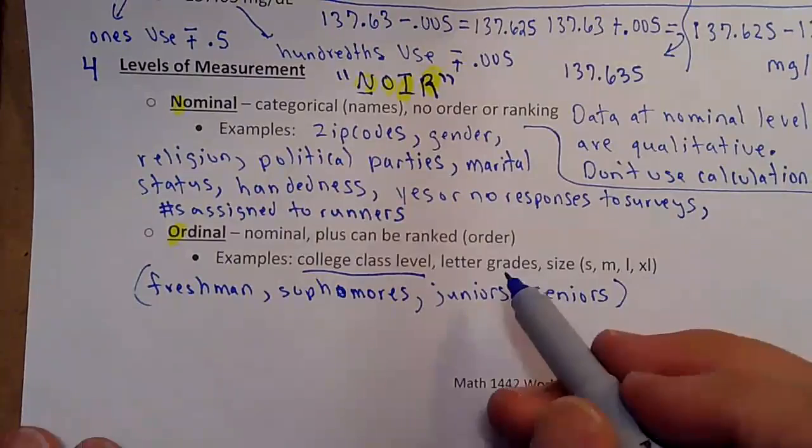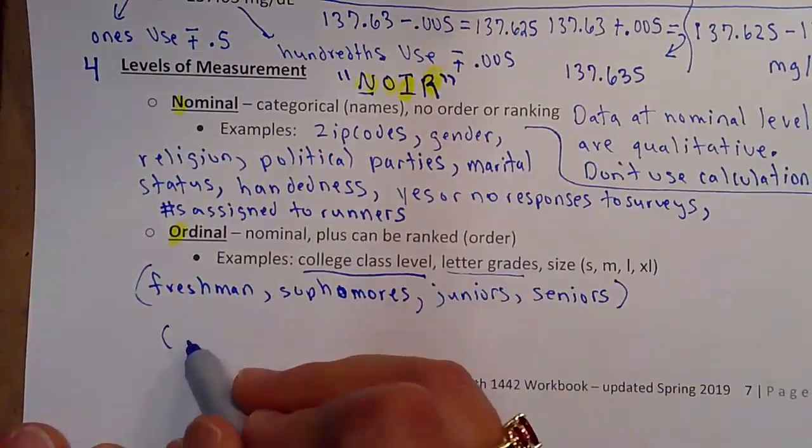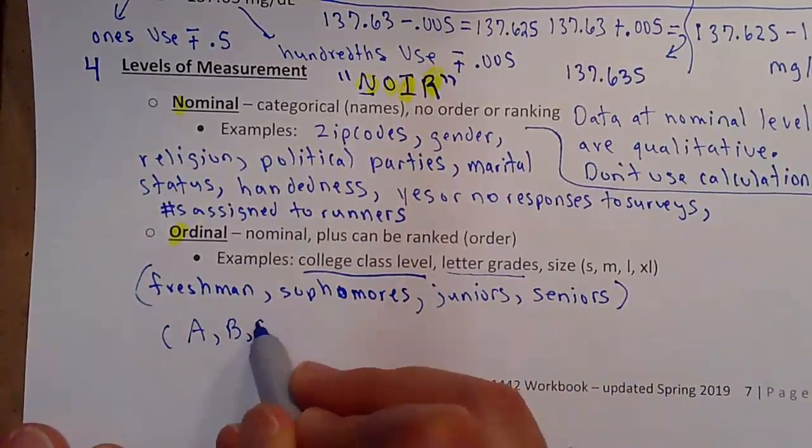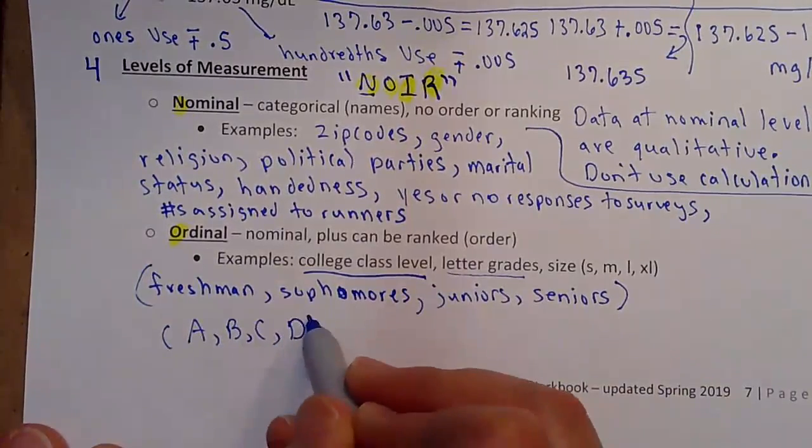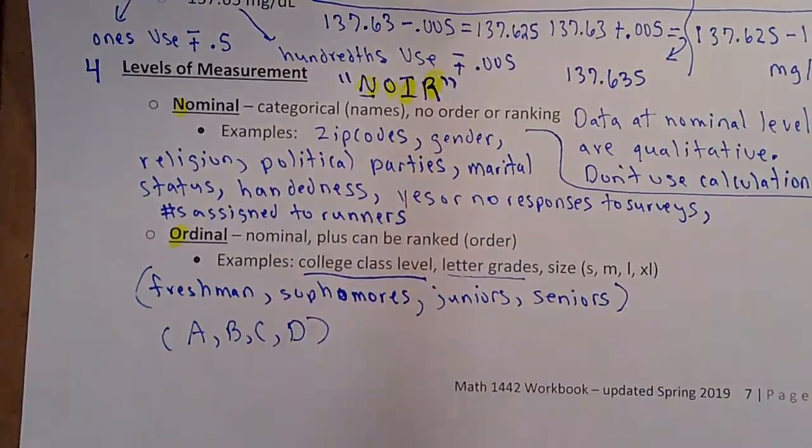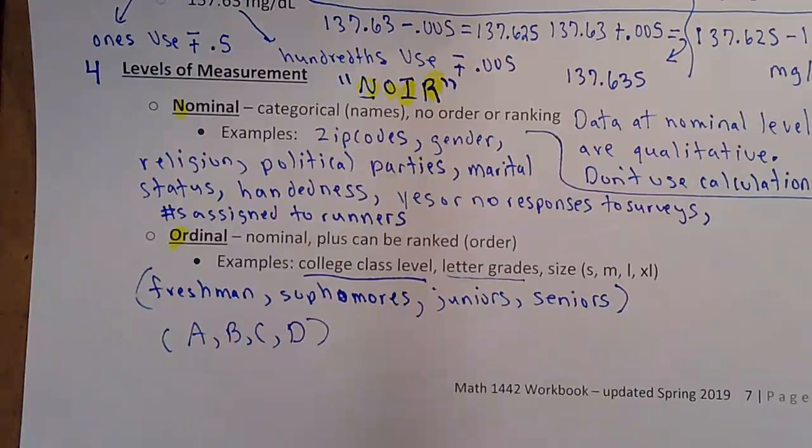And then letter grades. Okay, so letter grades would be like A, B, C, D. In this course, of course, you want to put your best foot forward and always aim for an A, B, or C. But if a person earns a D, it's my understanding that depending on your program, students could still graduate with a D, but you always want to double check with your advisor, and it does depend on the program.